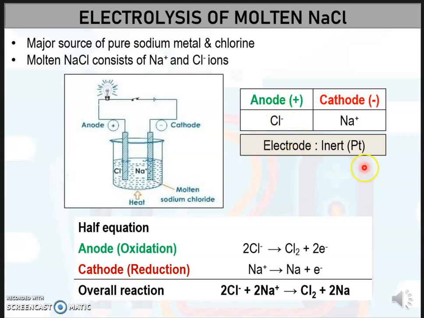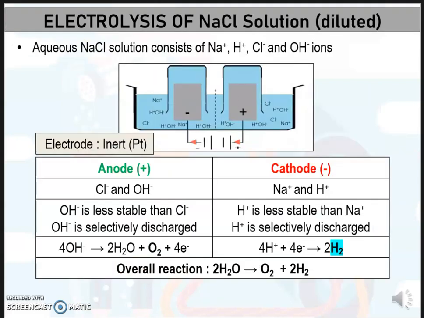This one we use an inert electrode because we do have sodium metal, but it is not a metal like other metals, it is just like rubber. So that's why we use an inert electrode, which is platinum. Okay, so that is for molten sodium chloride.